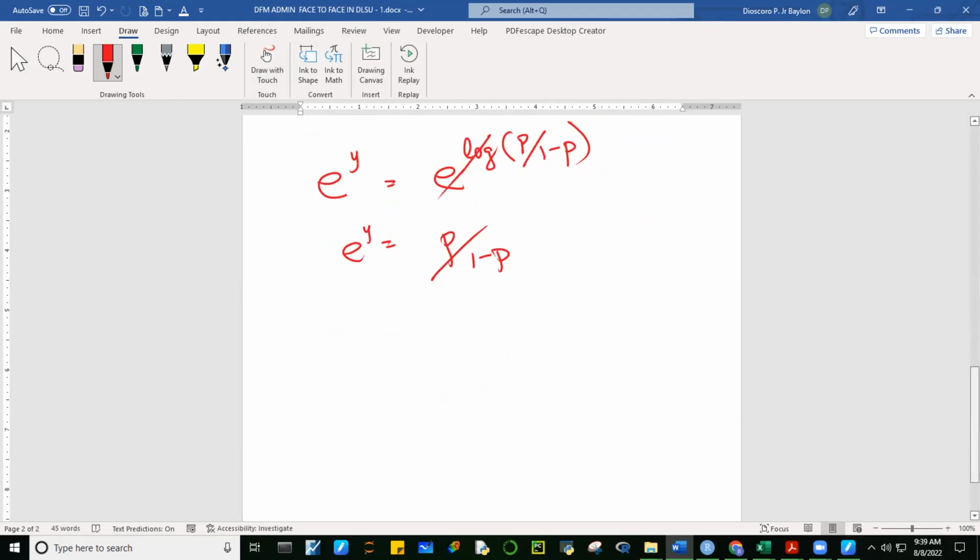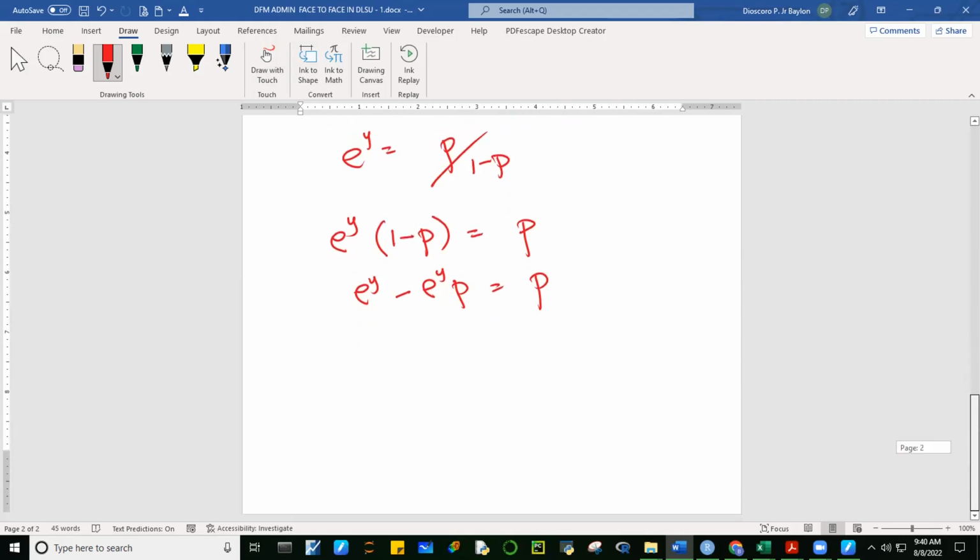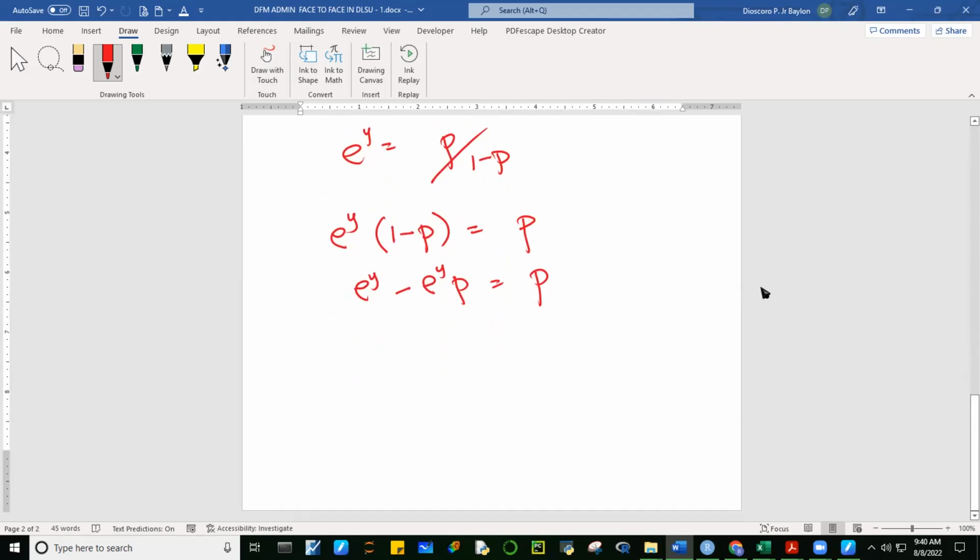So we can simplify now. We have e to the y times 1 minus P is equal to P. Let's transpose 1 minus P. We distribute: e to the y minus e to the y times P is equal to P. We're interested in solving for P, so e to the y is equal to P plus e to the y times P, which is P times 1 plus e to the y.